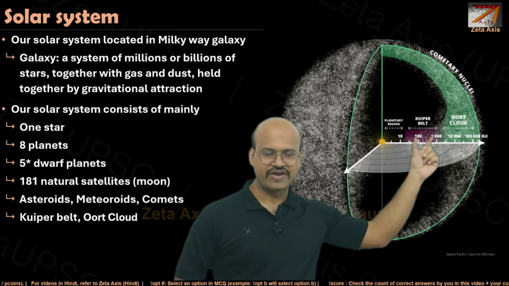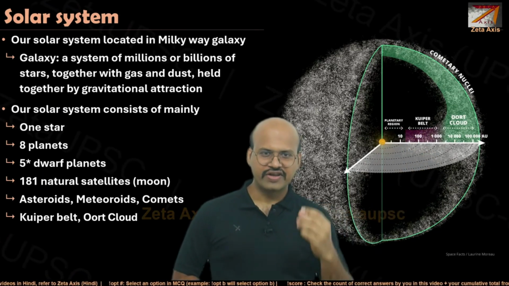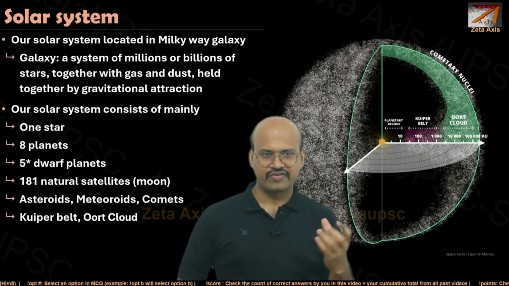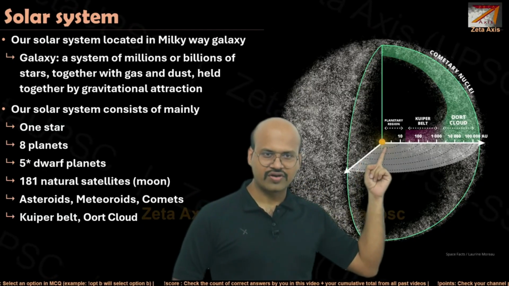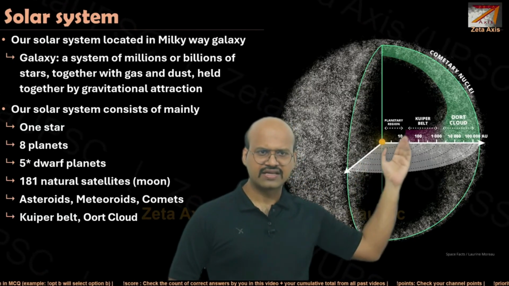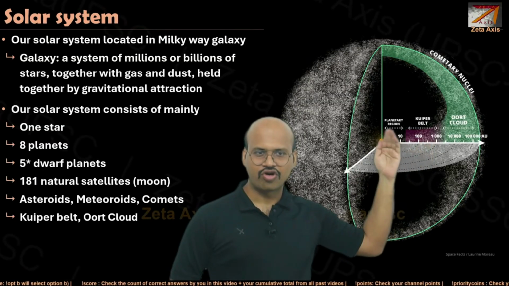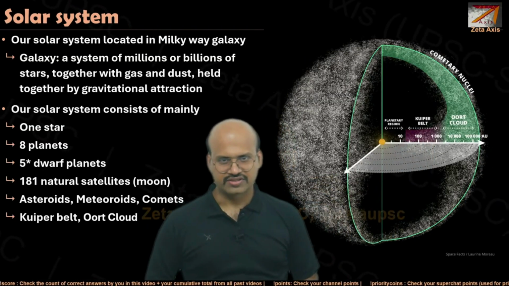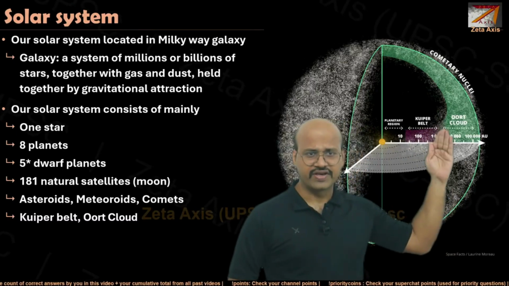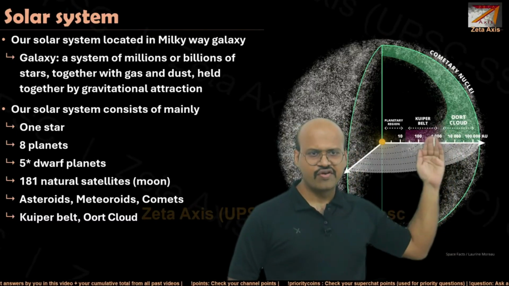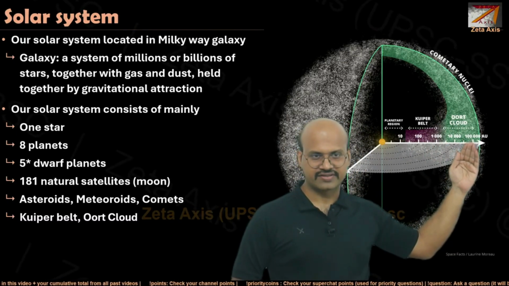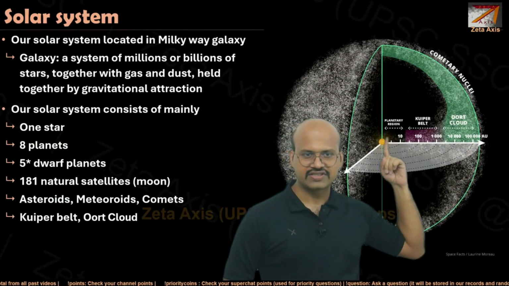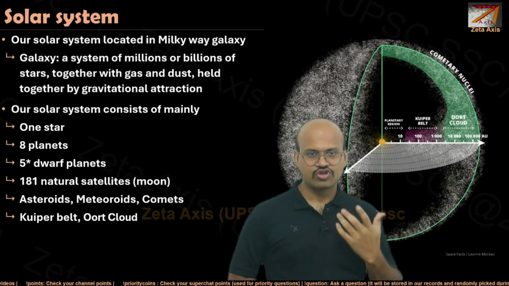These are the regions where it is supposed that there are very small dwarf planets, or very small objects which are revolving around our sun. There are several of those dwarf planets which are found, and some of them are in the process of being calculated. And further away we have this Oort cloud. These are very far located objects, but still they are under the influence of the gravitational force of our sun. Therefore they are part of our solar system.